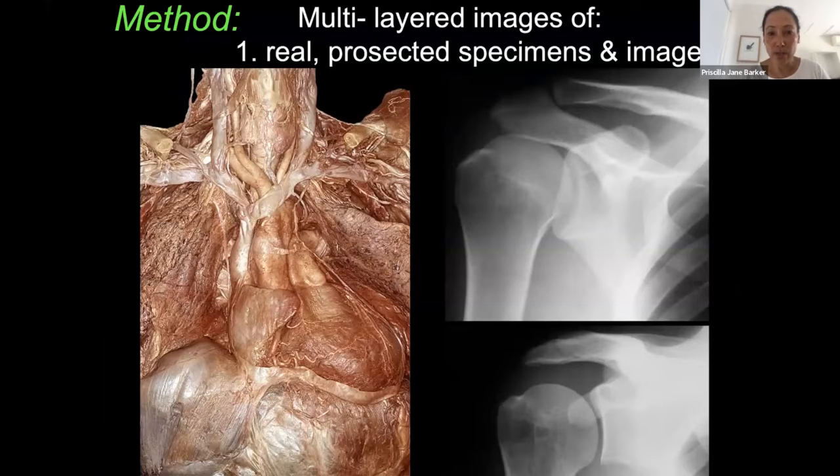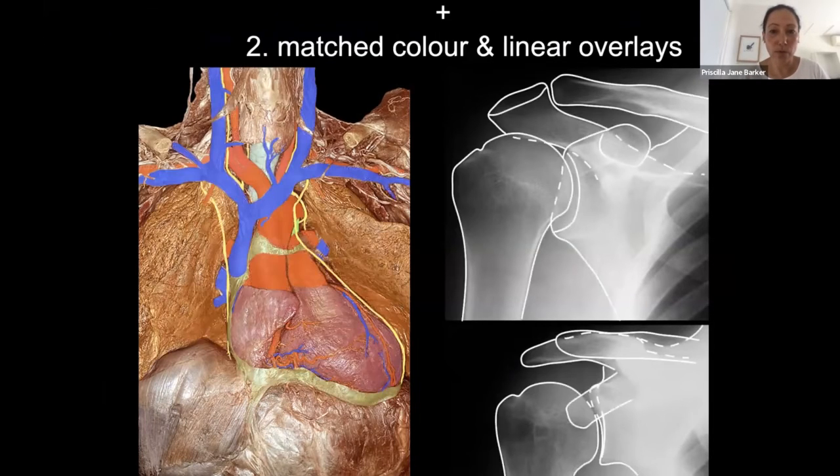So the way we structure Anatomedia, the base image layer is always a real image. So it might be a real prosected specimen you can see on the left of the thorax or the chest. And then on the right, we've got a real medical image of a living body. So these are from real cadavers or real living bodies.